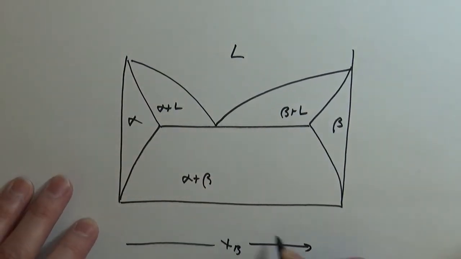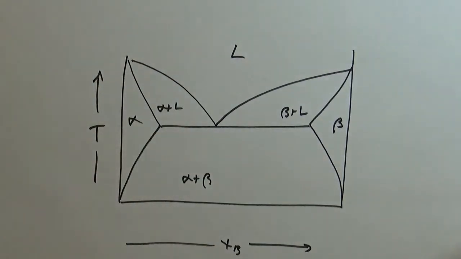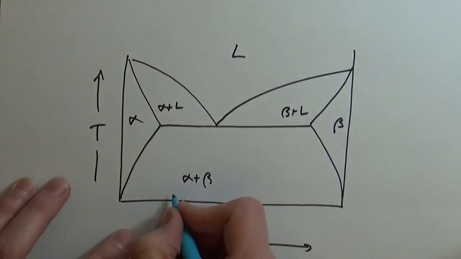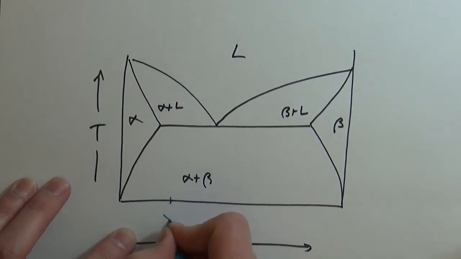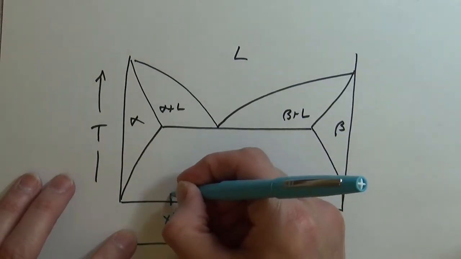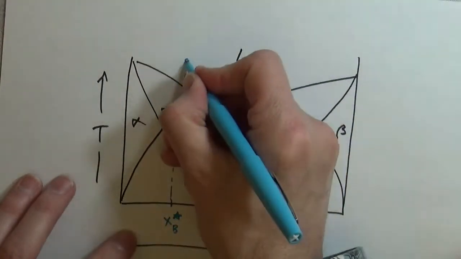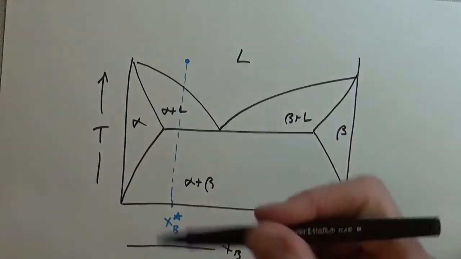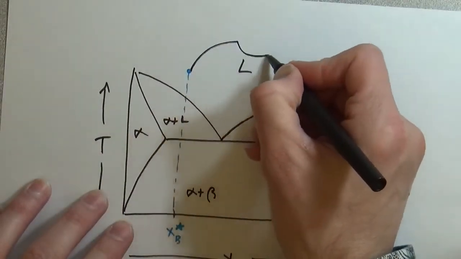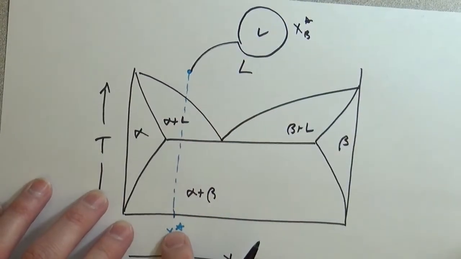X_B, T. Okay, so let's pick a system that has composition around here, X_B star. We'll take that and heat it up until it melts. That means we have a microstructure which is all liquid and has composition X_B star by definition.